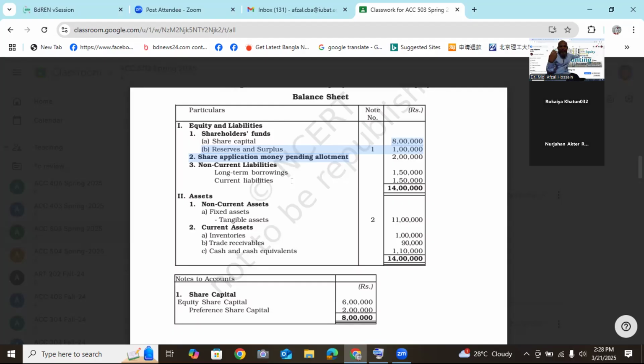But if your external financing, the long-term borrowing proportion, is higher compared to shareholder funds, then you may face some problem if you do not manage it. If there is mismanagement, you may face a risky position.